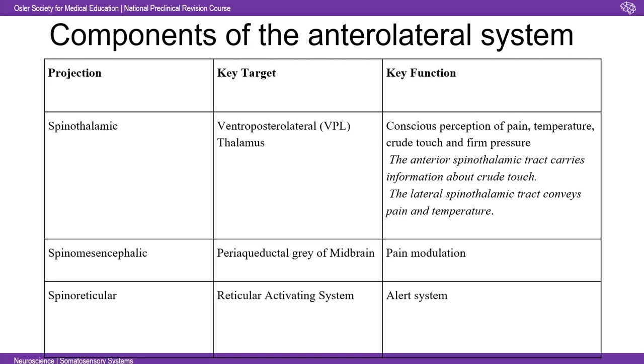So the thought is that your spinomesencephalic projection basically activates descending control of pain, which we'll talk about very shortly. Finally, your spinoreticular system. Its main target is your reticular activating system, which is really important in your consciousness, in your level of awareness and alertness. So again, just showing that the anterolateral system has specialized subsections, and they're really important in different things.